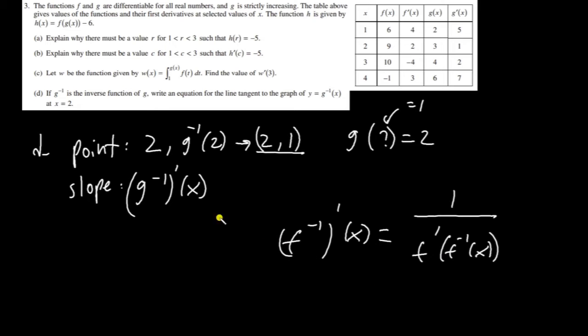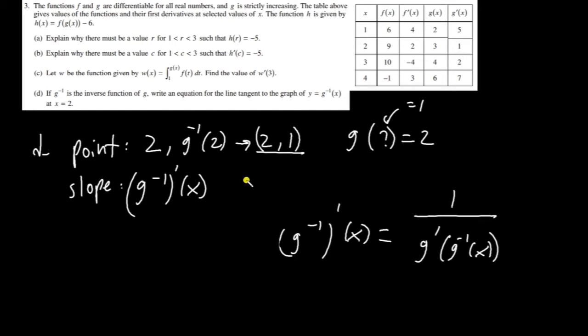So here we can figure out the slope by using this formula, and we'll just replace f with g. So let me make it a bit smaller. There we go. So we'll just replace f with g here. So g negative 1 prime of x is 1 over g prime of g negative 1 of x, okay?